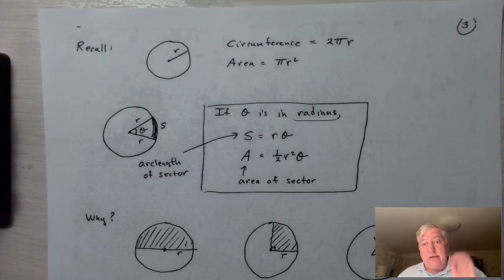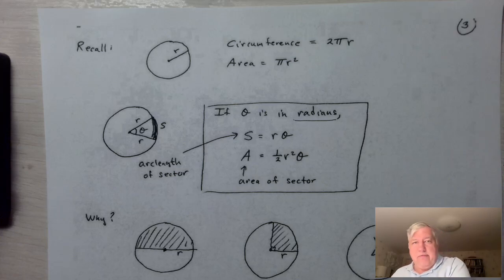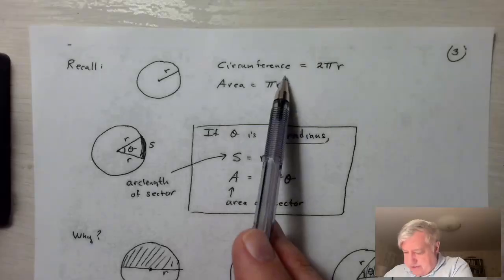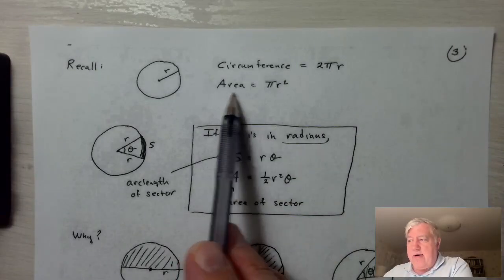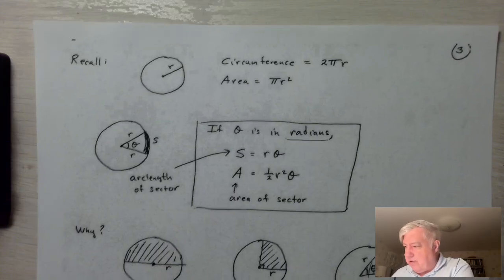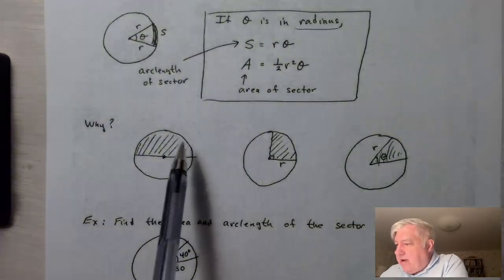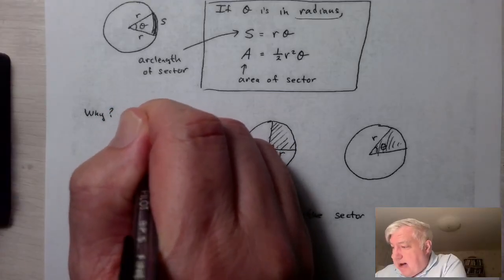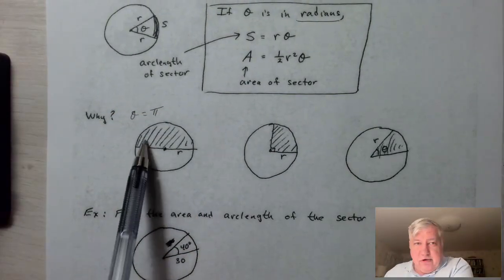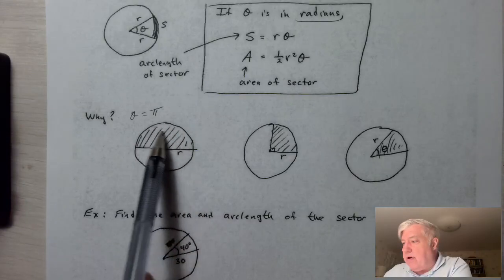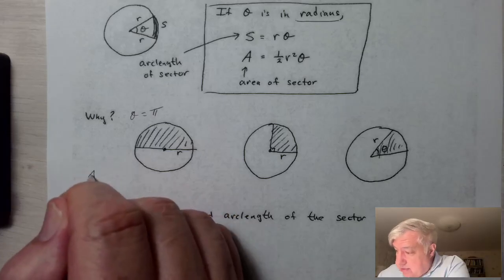And the reason for that is this is based on the proportionality argument. Okay, and just to give you an example, let me just recall that if we have a circle of radius r, the circumference is 2 pi r, and the area is pi r squared. Okay, these are formulas you probably have seen in another course, hopefully. And if we take some real simple cases where theta is, let's say, pi, that's half a revolution, so the sector is this, it's half the circle, so the area is 1/2 of pi r squared.